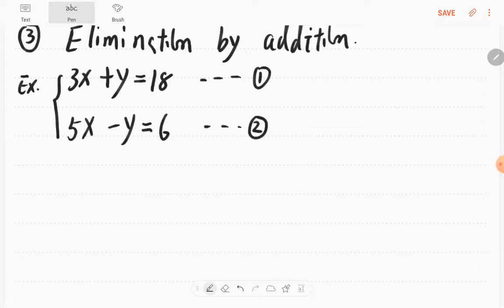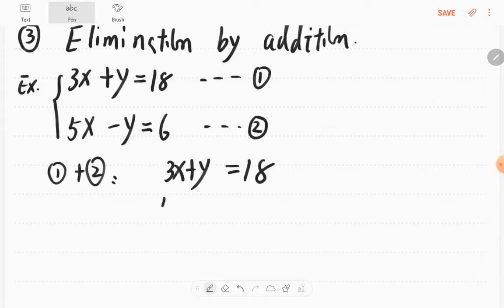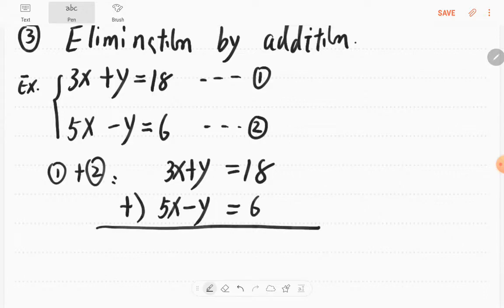When you add two equations up, you need to add the left side to the left side and the right side to the right side. So if we have equation 1 plus equation 2, this is 3x plus y equals 18 and 5x minus y equals 6.